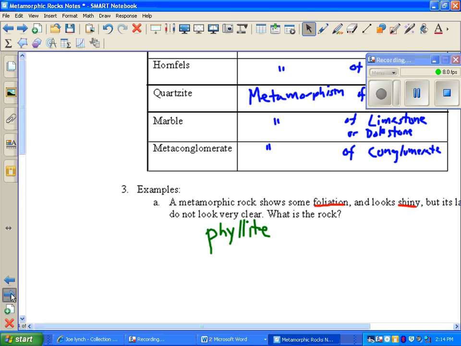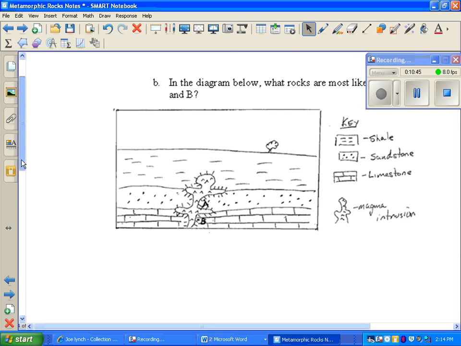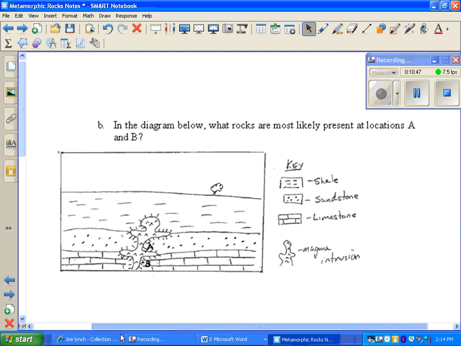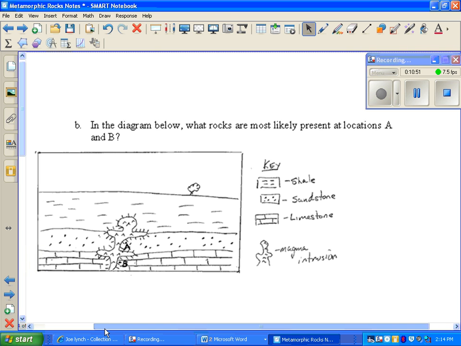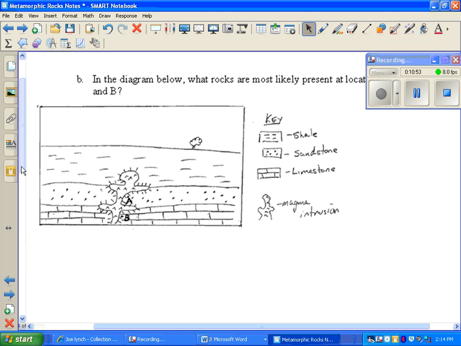Top of the next page, we have another example. It says what rocks are most likely to form at locations A and B. So at A and B, A is right here. Okay. A. We'll look at that. Well, what type of layer is it in? It's in a layer of sandstone. Right here, this is sandstone. Okay?